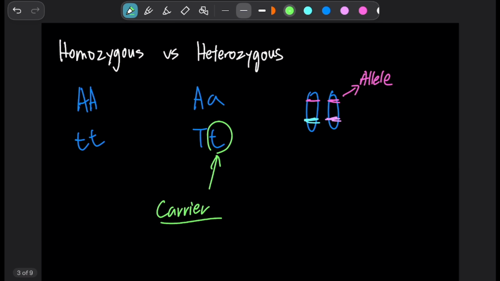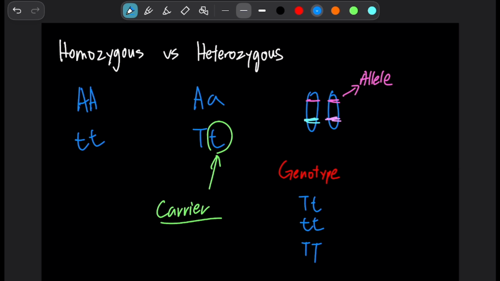Okay, so genotype versus phenotype. This is a short one, but just remember genotype is the actual genes. So it will say TT, Tt, or tt. It's the 3 possibilities, right? And the phenotype is what it actually shows.